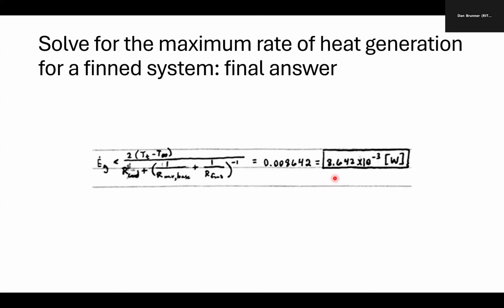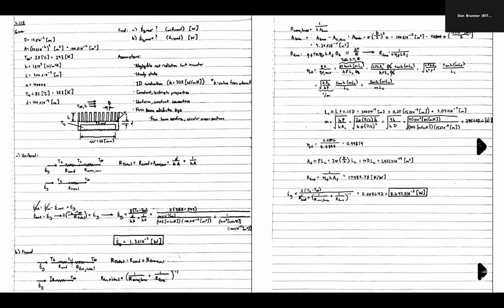And we're left with our maximum heat generation rate to maintain the chip temperature less than 85 degrees Celsius. So this maximum rate of heat generation is equal to about 8.6 milliwatts. And so that's how you solve problem 3.115.